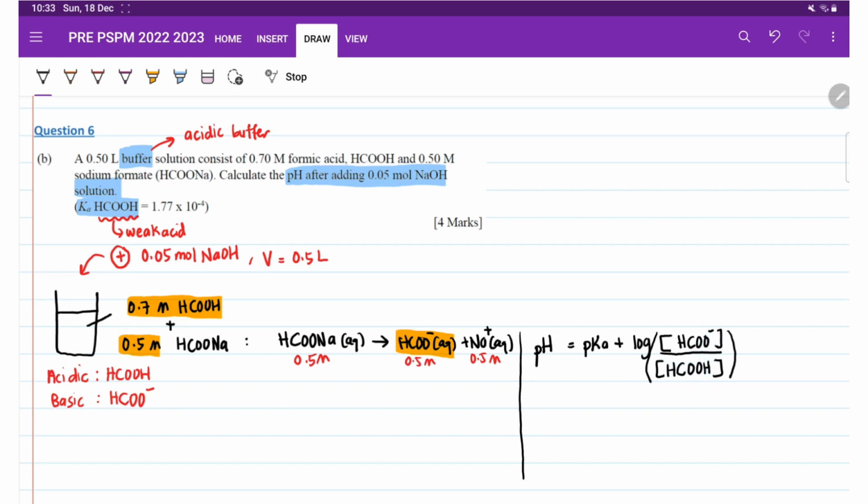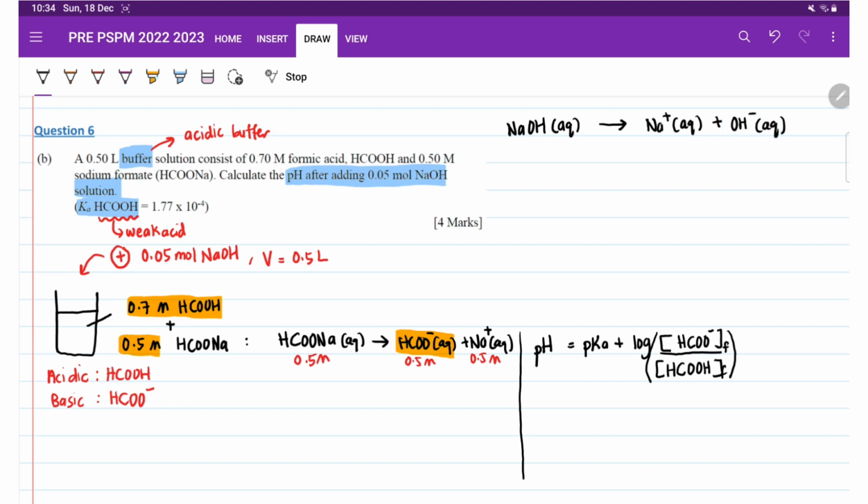Jadi, kita kena tahu berapa kat sini kiranya final concentration of each species after we add 0.05 mole of sodium hydroxide. Okay, so dekat sini, since kita masuk sodium hydroxide, whatever number of mole of NaOH yang kita ada, aqueous, dia akan pecah kepada Na plus aqueous and OH minus.